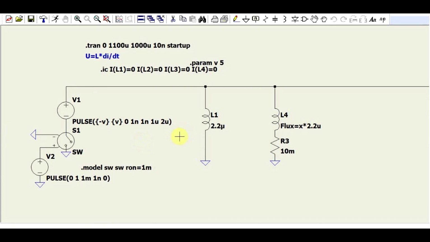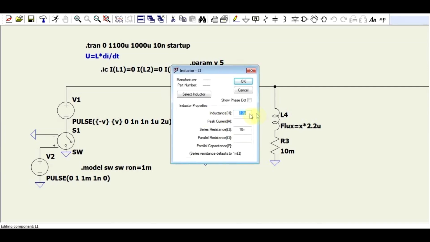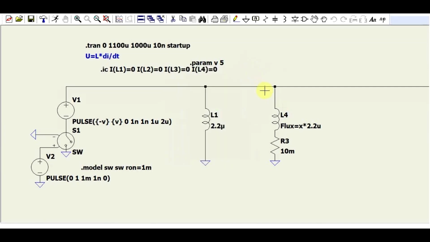So, to explain them, first of all, I need to show you another way of expressing inductance in LTspice. So one way is the classical way, in which you have an inductor that has a certain inductance, and just like for the capacitor, where you are able to express the charge of the capacitor, for the inductor you can express the magnetic flux. So you can write its inductance as a formula in the shape of flux equals x times something.